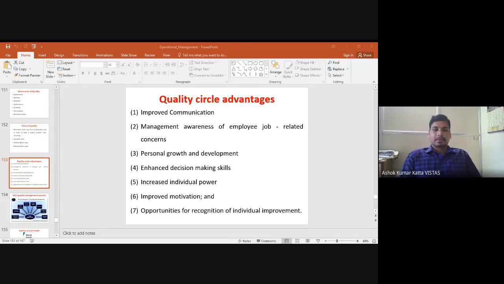Fifth point, which is talking about increased individual power. Increased individual power means there is no scope of gymnism. They were talking about individually what kind of work you are able to do if I give any kind of freedom.